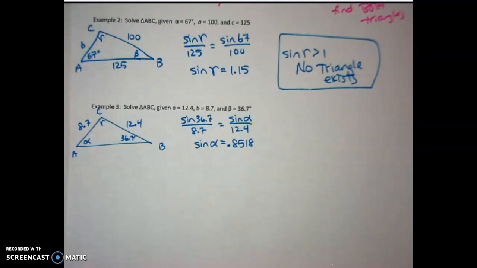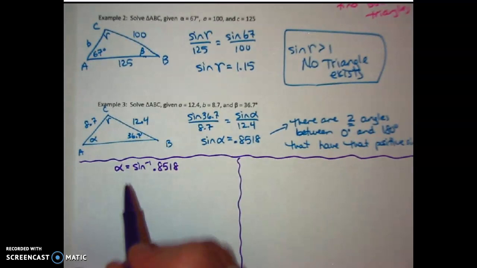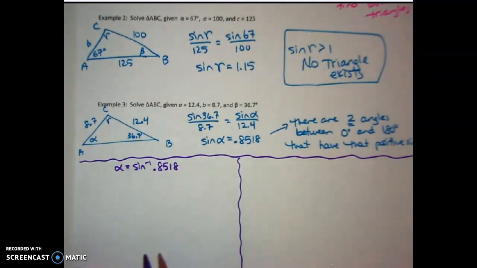We get that the sine of alpha is 0.8518, and so remember, other than quadrantal angles, there's always going to be 2 angles that have that same positive value. So go ahead and find what those 2 values would be. So to find my first angle, alpha is the inverse sine of 0.8518.